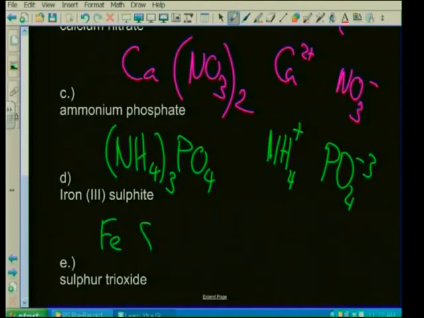Next one, iron 3 sulfite. Now sulfite, SO3, and it has a charge of 2 minus. Iron 3 plus 3. How are we going to get those right? Now, it's not a case of multiplying 1 and getting to the common number. We're going to have to cross multiply. And that means you're going to multiply 3 by 2 and 2 by 3 to get the common number of 6.